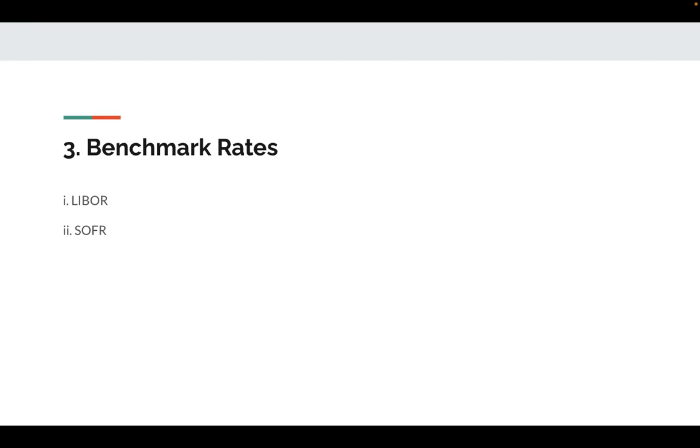And there are reasons for it, we will look into it later on as well. By median, not average. And this has become nowadays the de facto benchmark rate for US dollars.